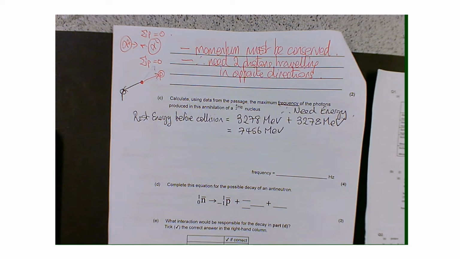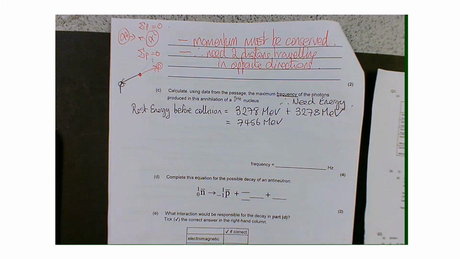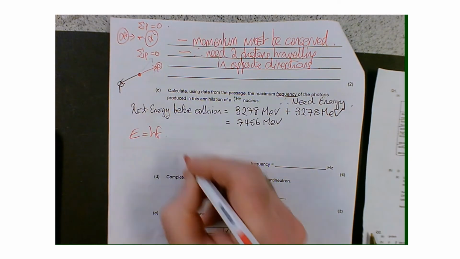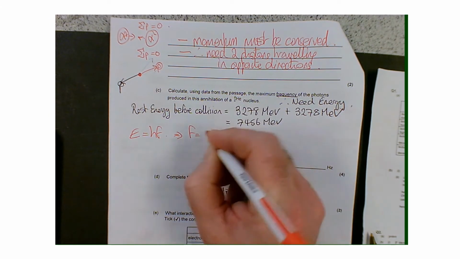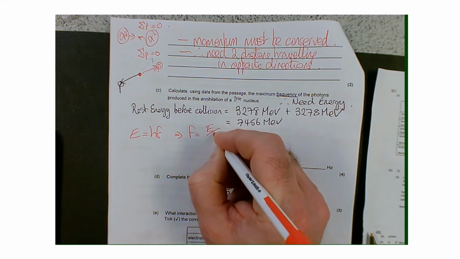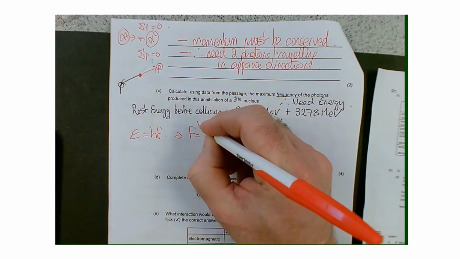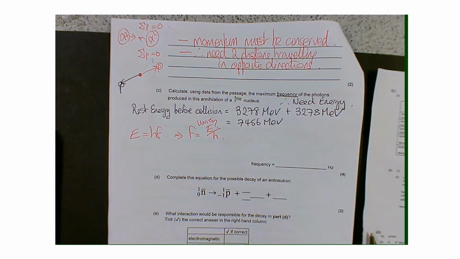Okay, now I want to work out the frequency. What units do I need for energy if I'm going to use the equation for the energy of a photon? So in other words, this is the equation, E equals h times f. So that gives me f is equal to E divided by h. What units does this energy need to be in to allow me to use this equation? Yes. Joules. It needs to be in joules.